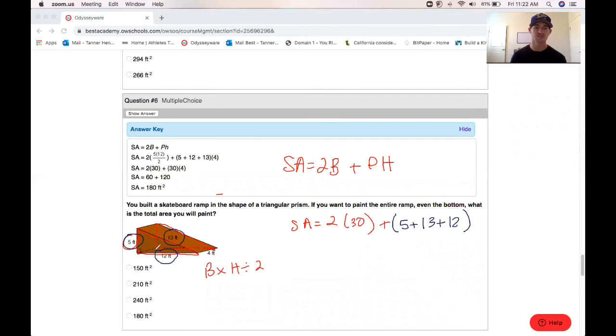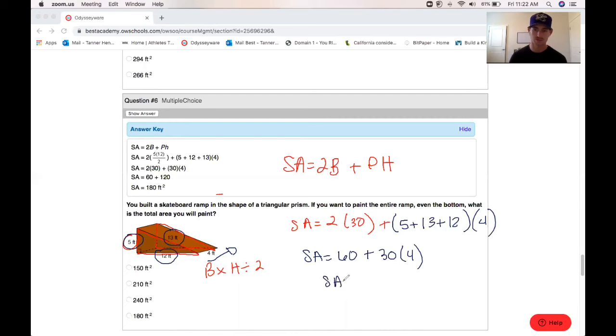And if we stand this up on the base, so if we rotate it forward and up on the base, our height is going to be 4. So we got surface area equals 2 times 30, which is 60, plus 5 plus 13, which is 18, plus 12 is 30, times 4.